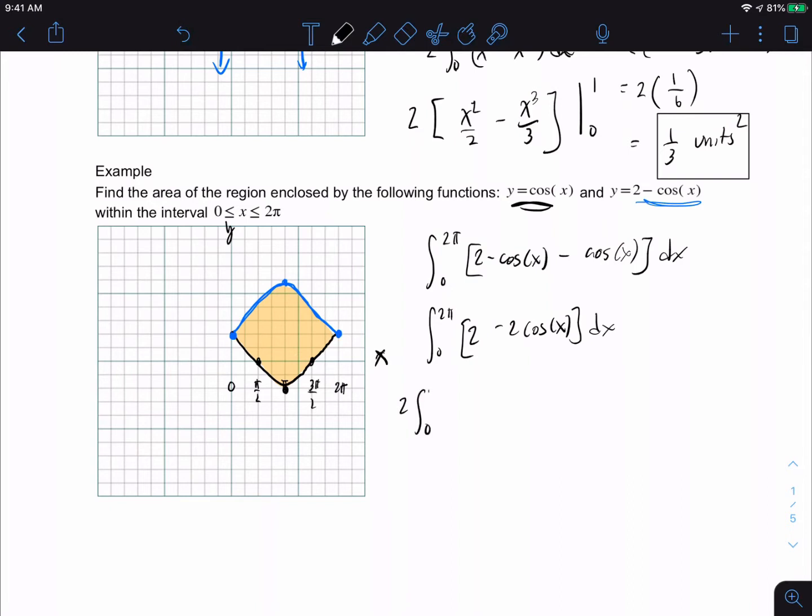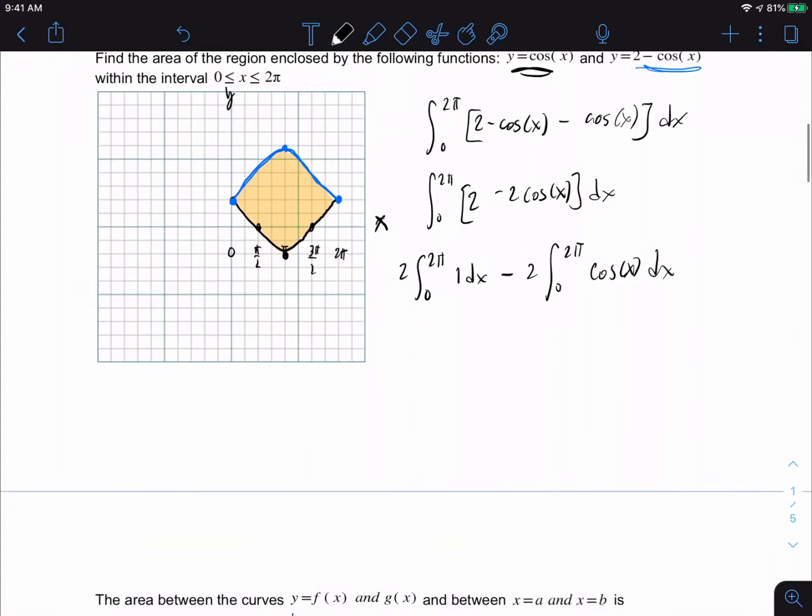And so I'm going to get from 0 to 2 pi, bringing out the 2, 1 dx minus 2 times the integral from 0 to 2 pi of cosine of x dx. So that will give me 2x evaluated from 0 to 2 pi minus 2 times the integral of cosine, which is sine of x, evaluated from 0 to 2 pi.